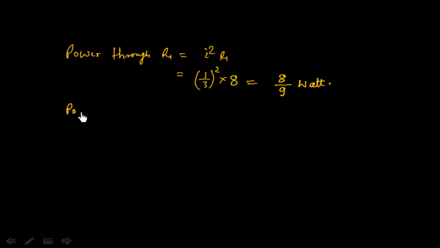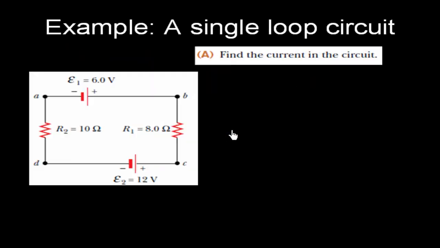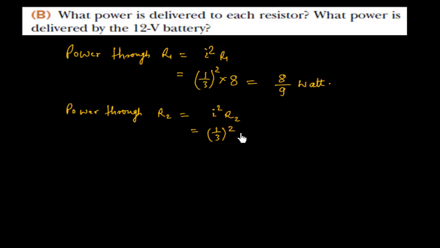Now similarly we can calculate power through R2, that is I square R2, and I is 1 by 3 whole square, and R2 is 10 ohm. So this is 10 by 9 watt.